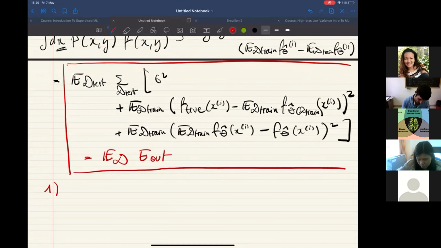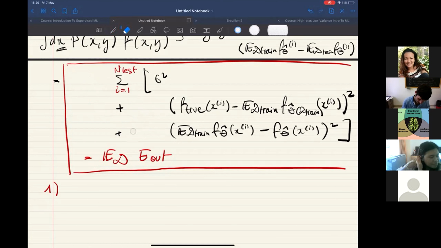By the way, I can put this expectation inside because this sum is just a sum over a dummy index, i equal 1 to n test. So I will put this expectation in front of these terms, and these 2 expectations are expectations over everything.